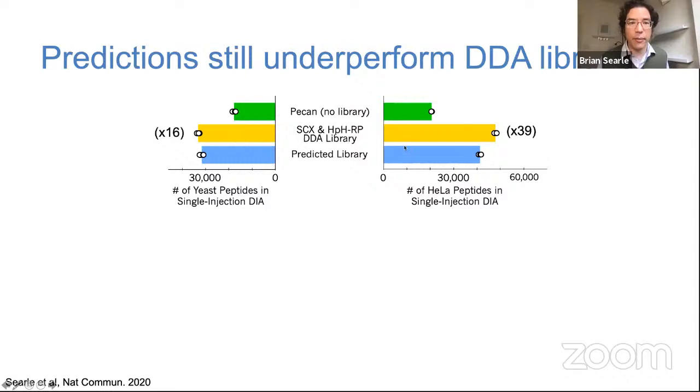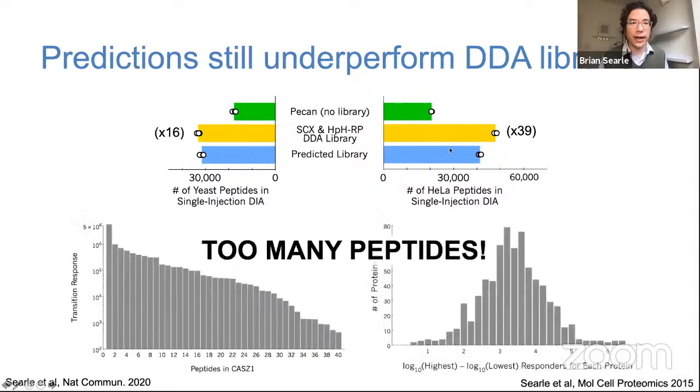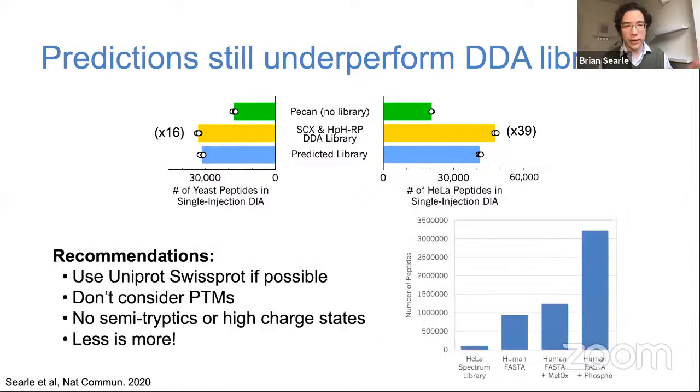We're identifying a little bit more than we do with the predicted library. And again, this has to do with the fact that we're analyzing all the tryptic peptides in the FASTA database, and there are just too many peptides for us to look at. So one of those aspects is we really need to look at as small a database as possible. Again, don't consider PTMs unless your experiment is about PTMs and you have enriched for those specific PTMs.